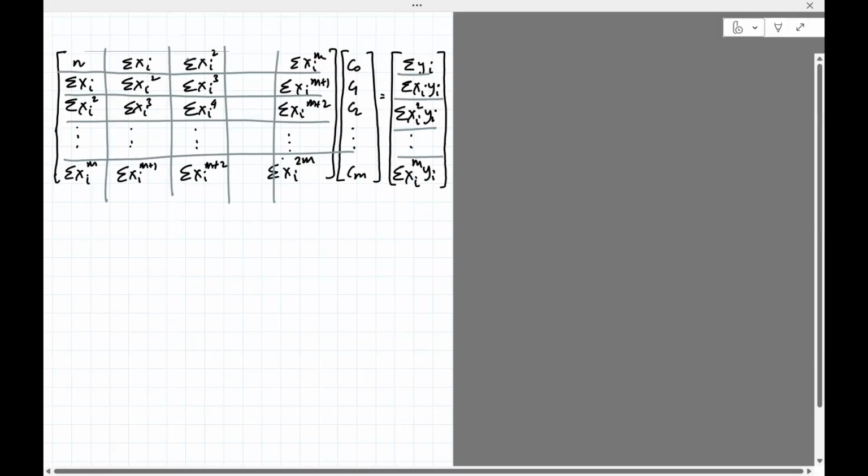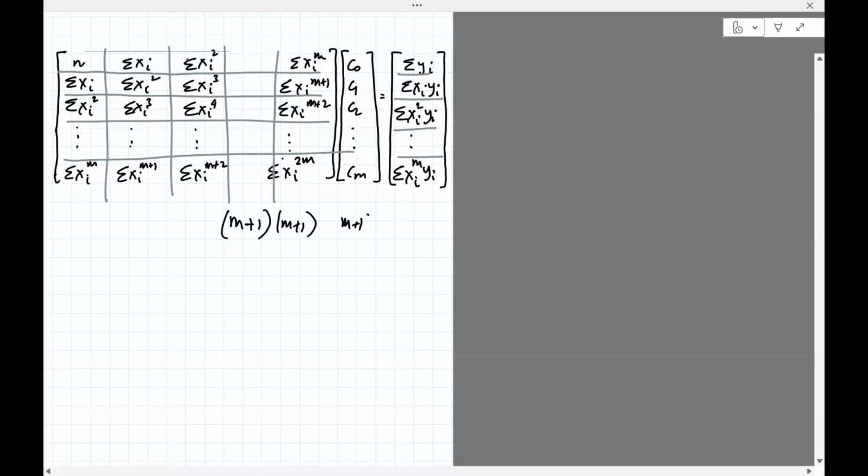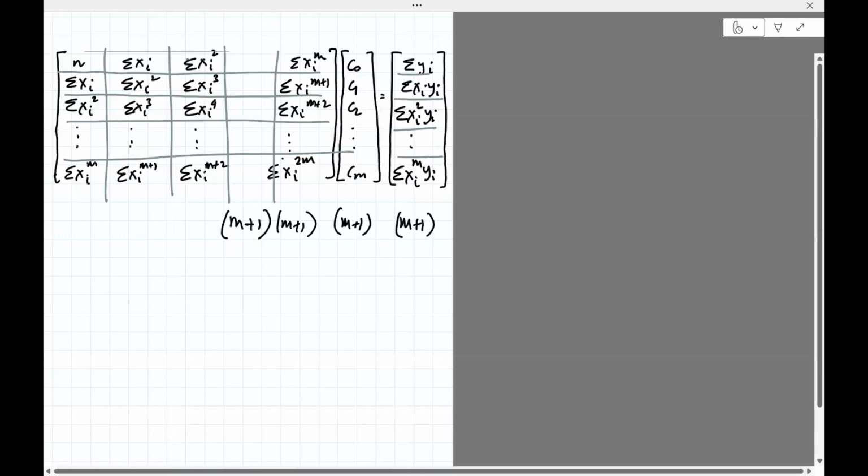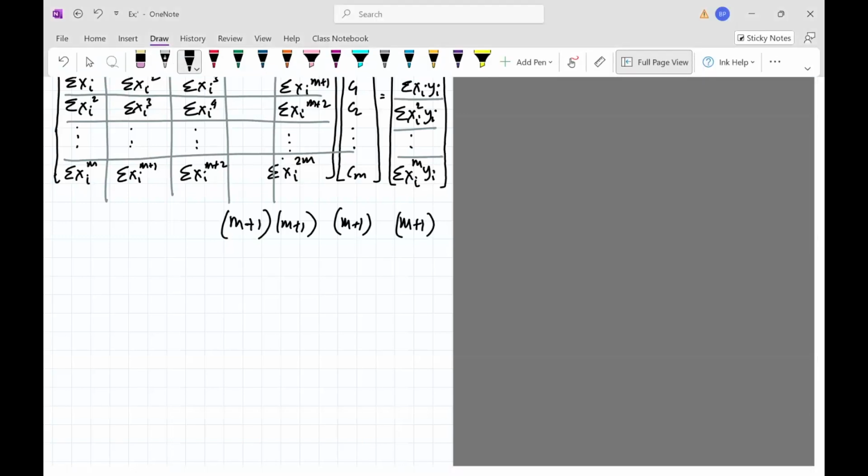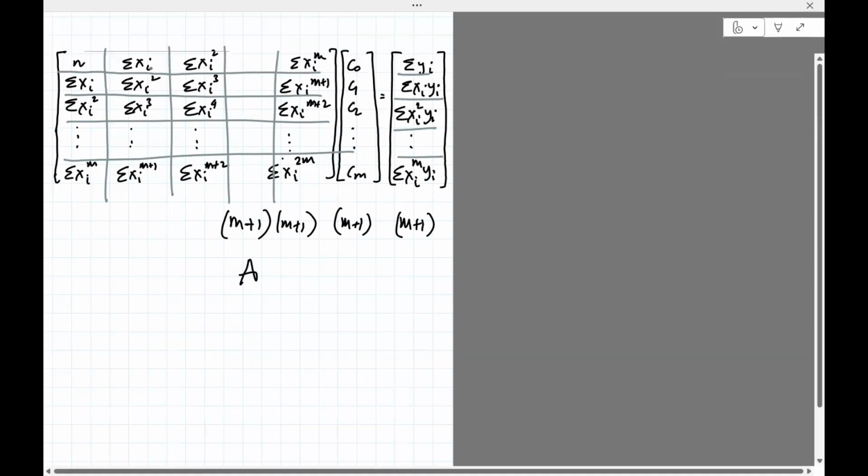what we have here is m, sorry, m plus 1 rows, and then m plus 1 columns, m plus 1 constants, m plus 1 unknowns, well, knowns on the right side. So this can be written as an equation of this form: A c equals b.